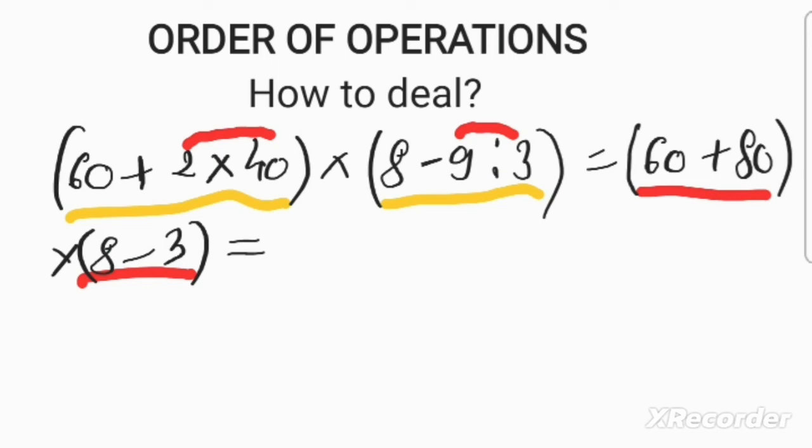So we have 16 plus 18, meaning 114 multiplied by 8 minus 3, which is 5, yes, equals 114 multiplied by 5.